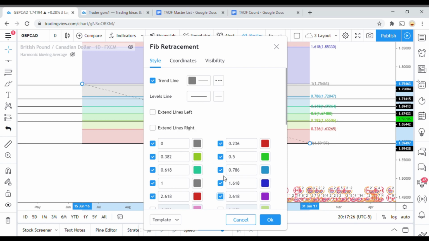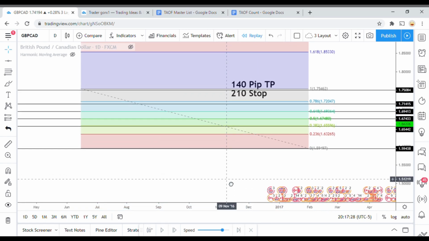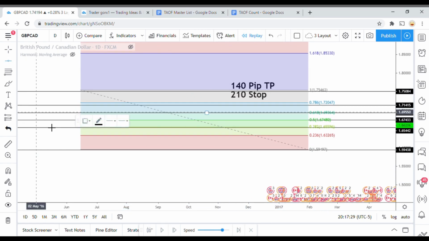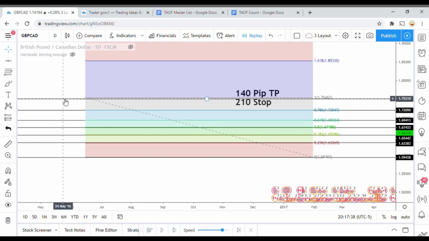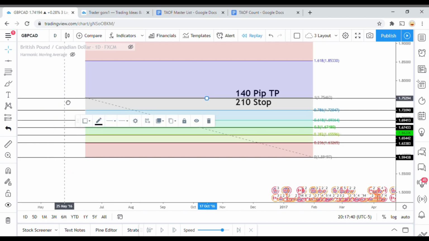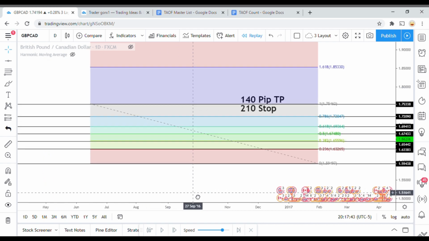You would just keep adding more and more levels to it, and then you would mark each level with a line. Like so. Those are kind of our standard ones right there.